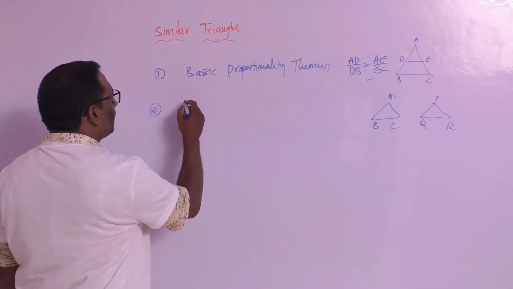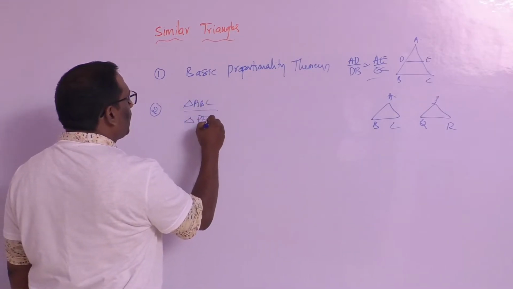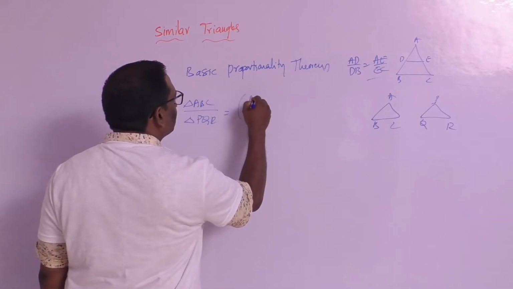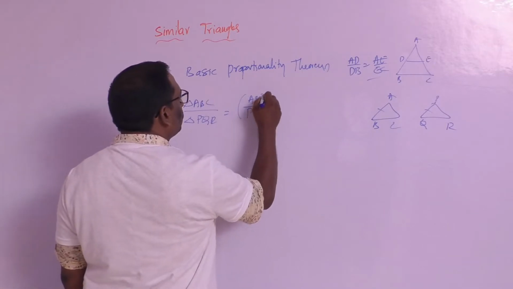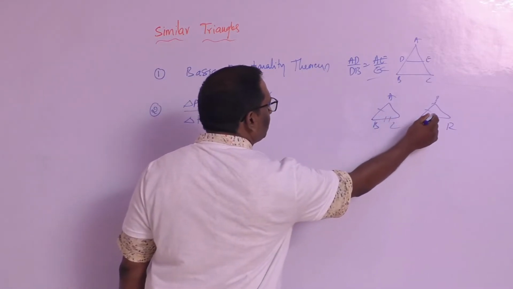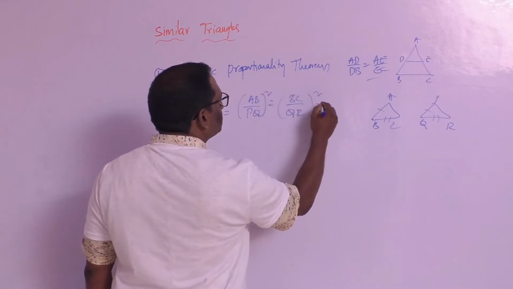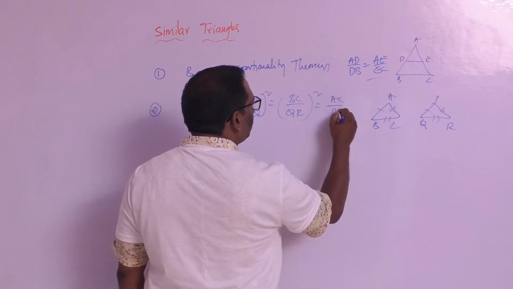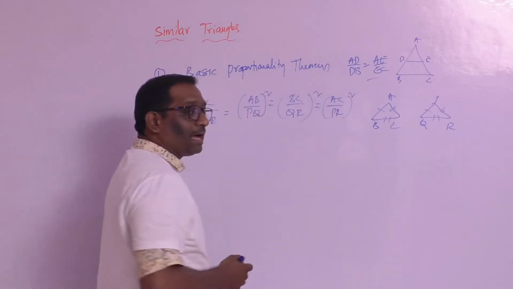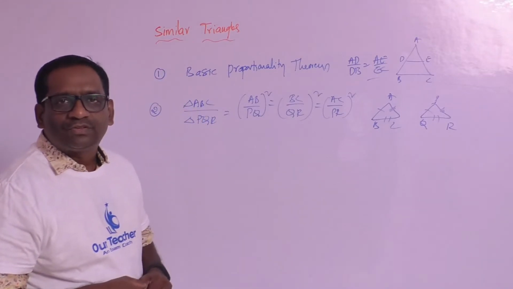That means the area of triangle ABC by the area of triangle PQR is equal to AB by PQ whole square, equal to BC by QR whole square, equal to AC by PR whole square. This is the second important theorem in this chapter.